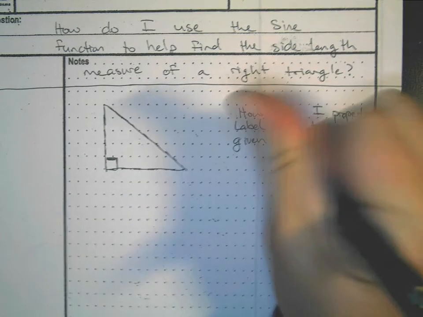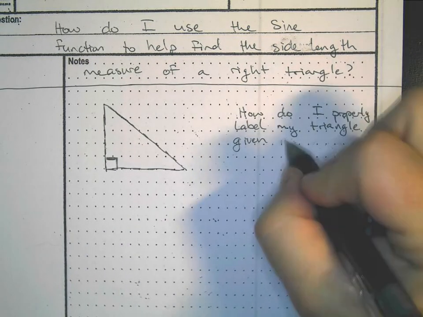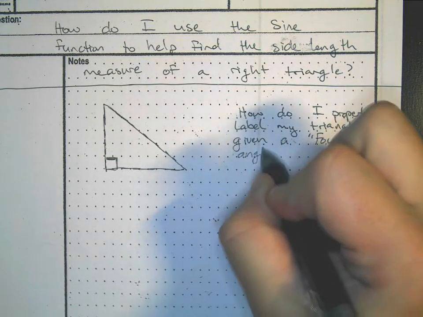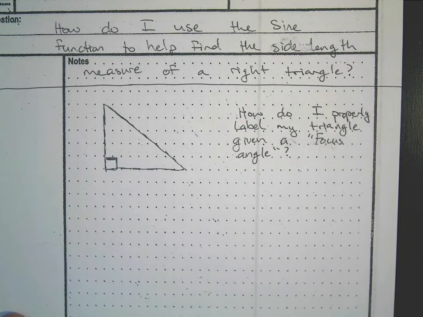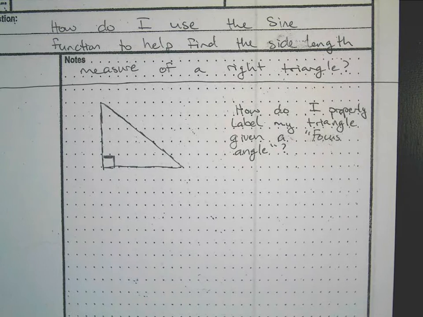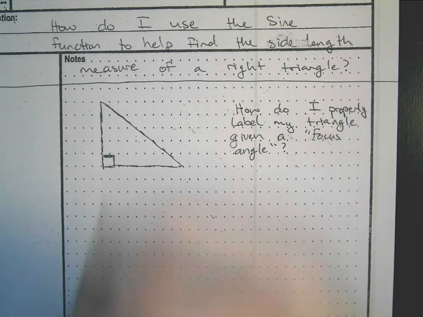Let's call it a focus angle. The focus angle will usually be given in degrees, or it'll be our variable. Since for this I'm just going to use the variable, and then we'll draw some other triangles to see how this focus angle can move around.